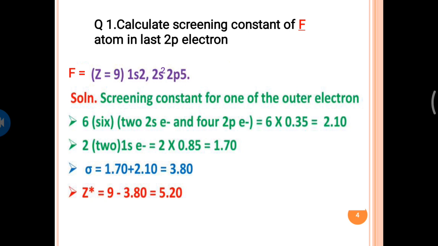In this, 2s and 2p have 7 electrons, but we calculate for the 2p electron.